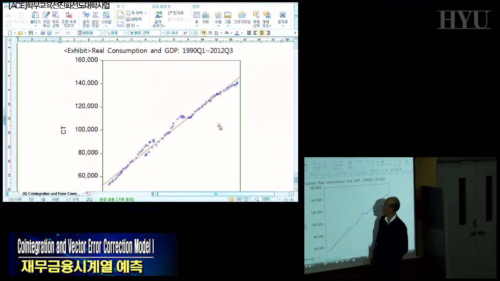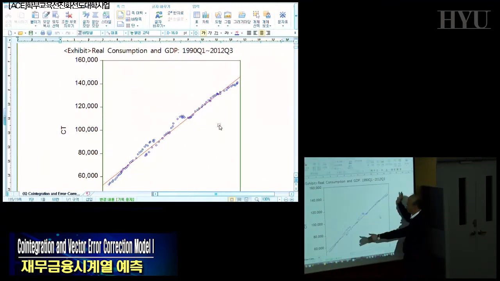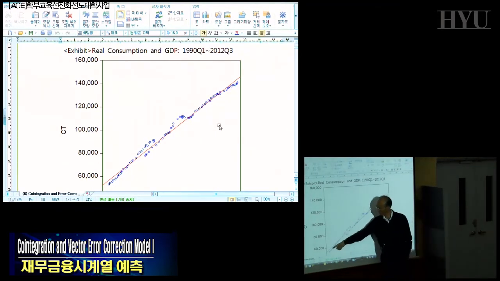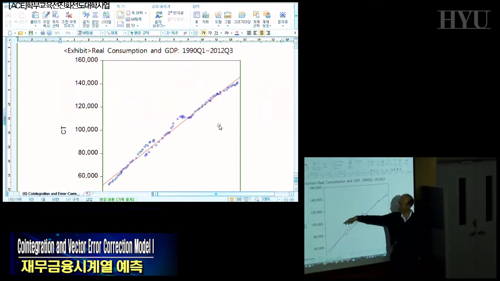But when we look at a longer period, there appears to be some relationship. Loosely speaking, if you find this straight line between these two, then this is sort of the average propensity to consume. Average means long-run, right?